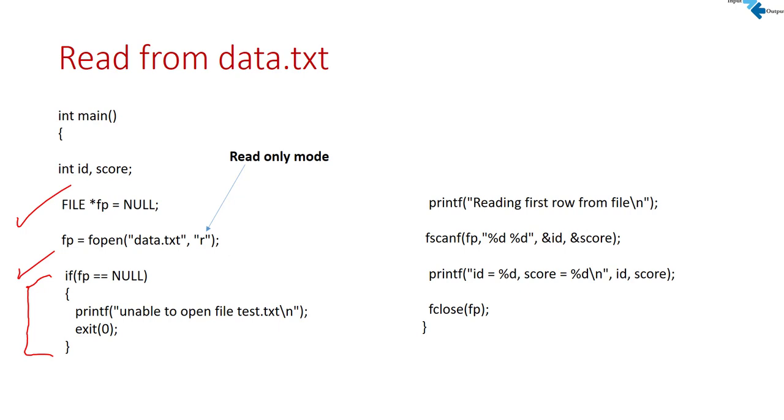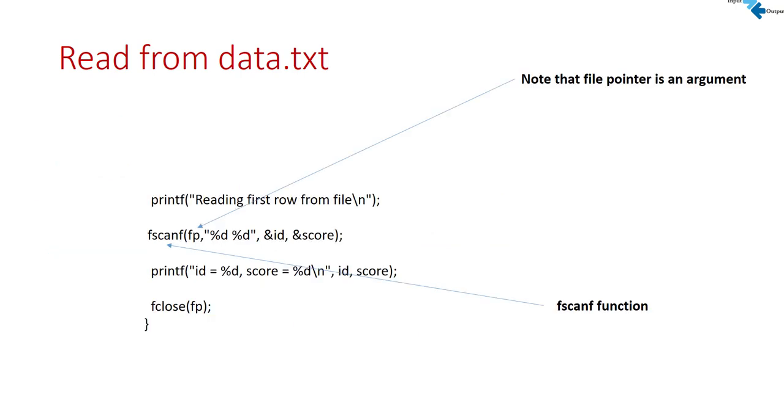The next step is using fscanf, which has the pointer name and whatever you want to scan. We have two columns, so I have %d for each, the first variable and the second variable. Then I have printf, which prints whatever I scanned from the file, and finally I terminate that.